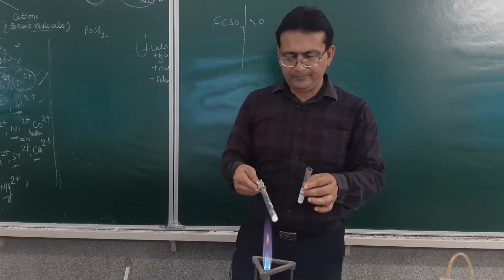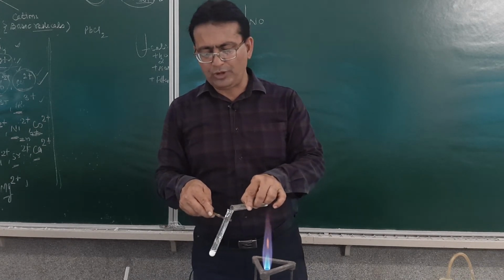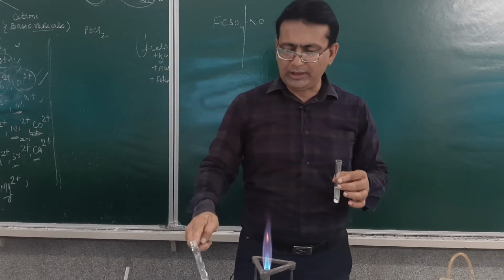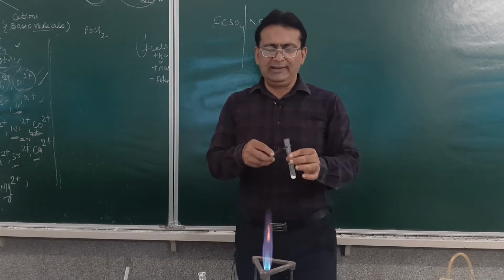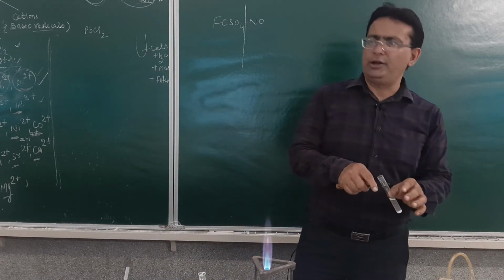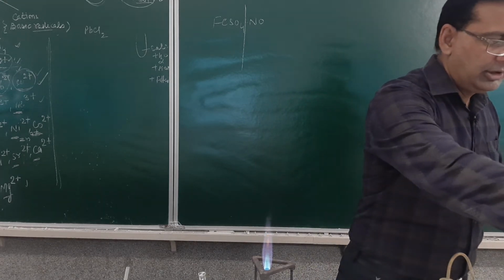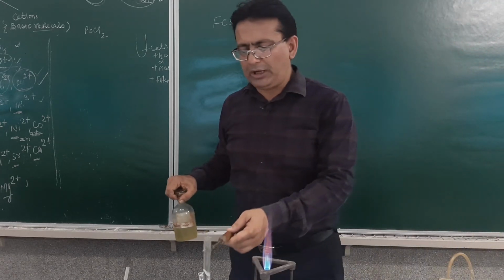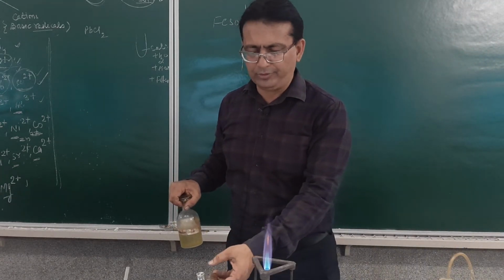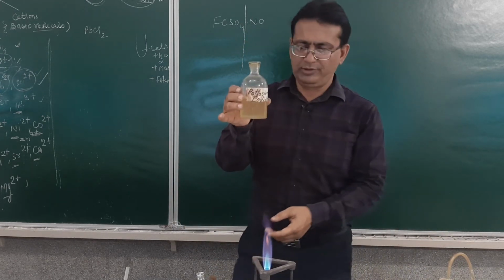Am I clear? Once you divide the solution into two parts, just see over here, you have taken this solution of lead chloride in hot water. Now to this, you will add a potassium iodide solution. Just see this.